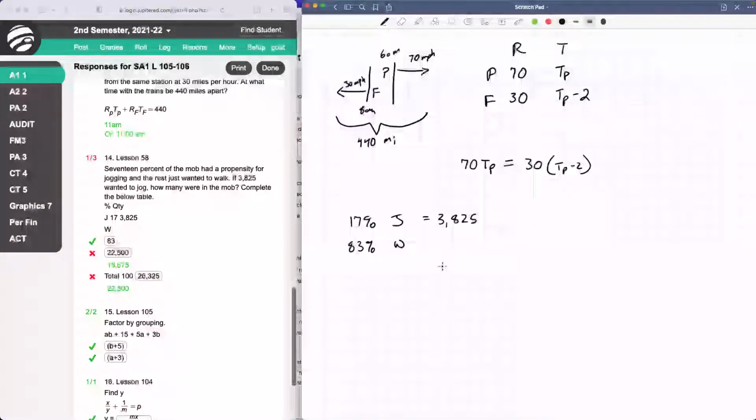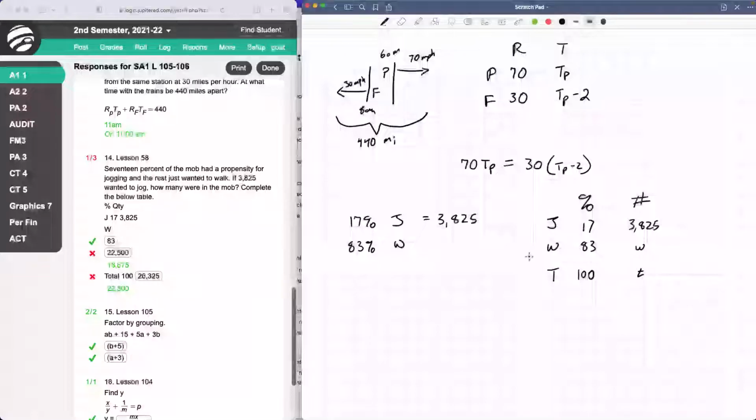So there was a table that you had to set up, and it was joggers, walkers, total, and you had the percent here. So you had 17 for joggers, 83 for walkers, and 100 total. And then you had the quantity. We had the joggers were 3,825. We didn't know what the walkers were, and we didn't know what the total was, right? So this was W, and this was like T or something, whatever you want that to be.